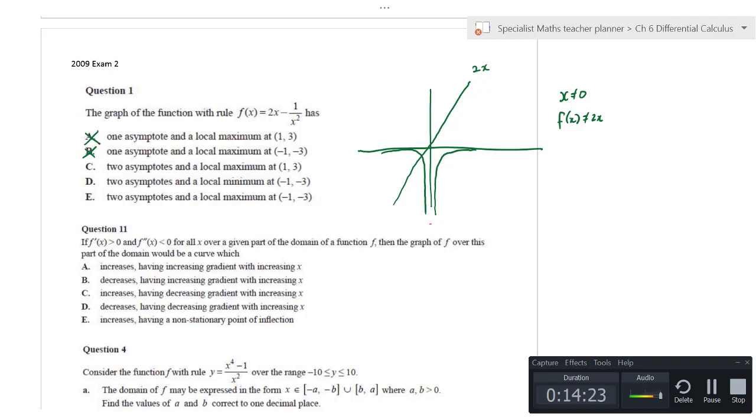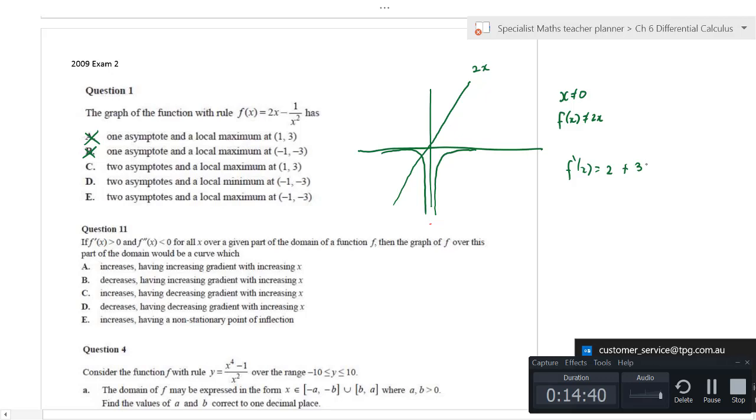Some of you might be even faster without it, because what we can do is if I do f dash of x is equal to 2, but be careful, what we've got is x to the power of minus 3. We're bringing that minus 3 out the front, so that's positive 3. And then I'm dropping x to the power of minus 2, bringing that power out the front, which is positive 2, x to the minus 3.